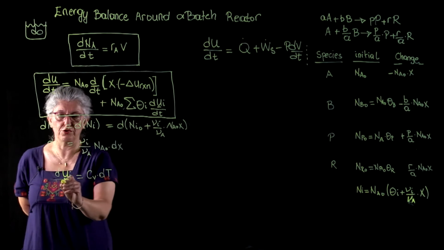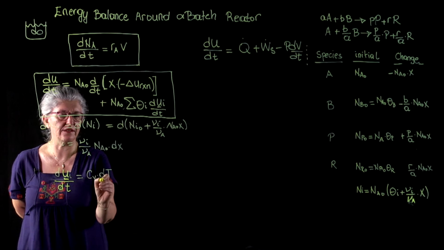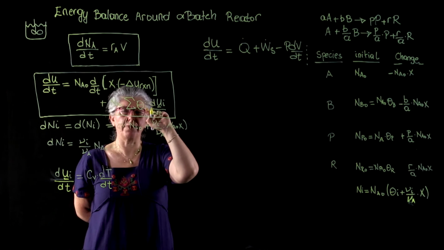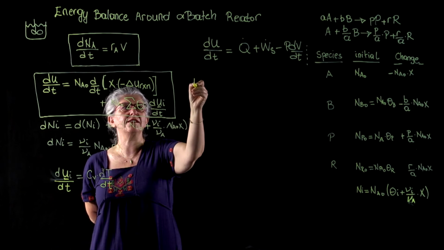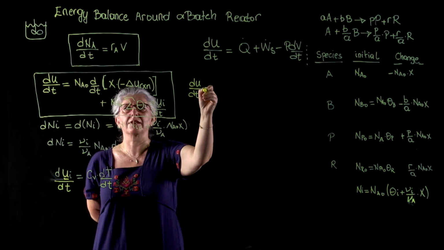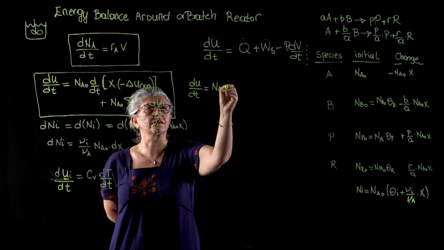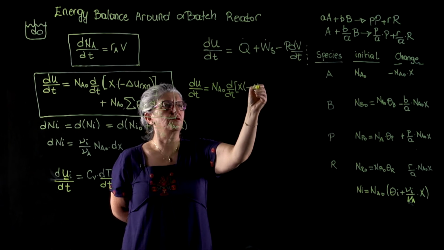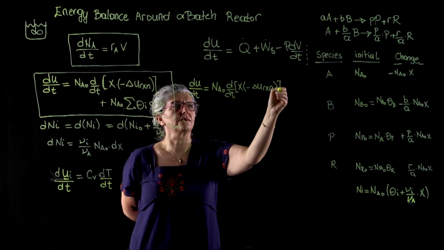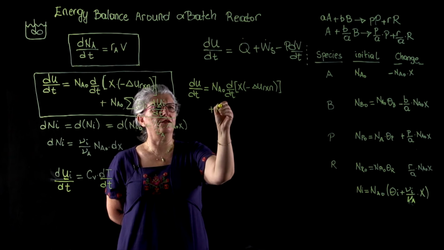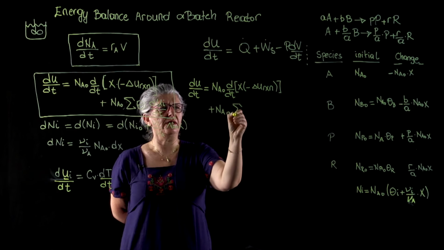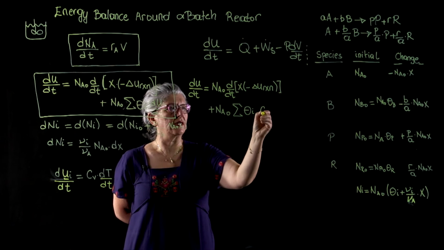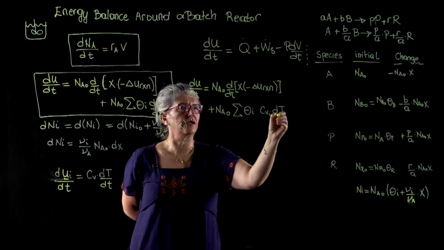Now we are going to substitute for dui over dt as a Cv dT over dt in order to have a more compact expression of du over dt as Na0 d over dt x minus delta U reaction plus Na0 sigma theta I dui over dt, is going to substitute from here times Cvi dT over dt.